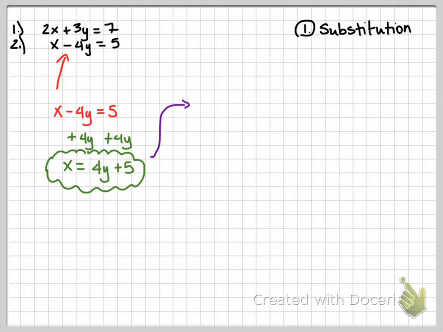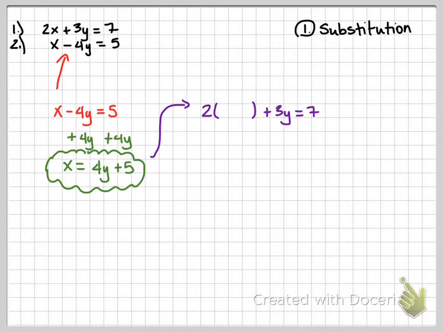That gives us 2 times x plus 3y equals 7. It doesn't matter which variable you get by itself, it depends on which one's easiest. In this case, x was easier, so that's the one we did. But it's totally fine to do this with y as well, or whatever variable you have.